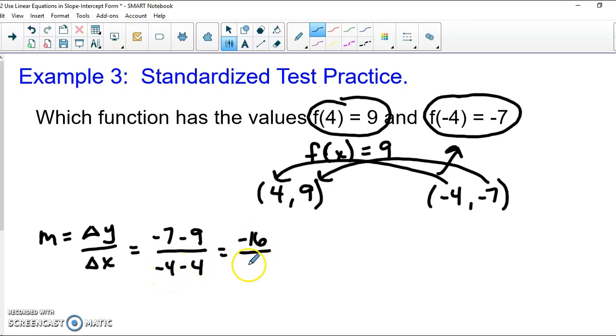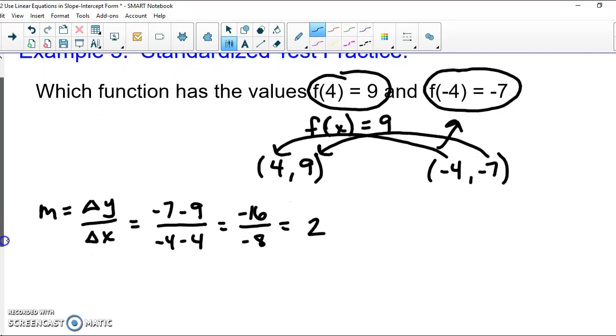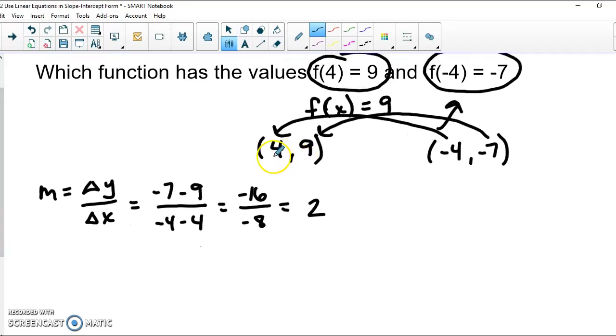Negative 4 minus 4 is negative 8. 16 divided by 8 is 2. Negative divided by negative makes a positive, so my slope is positive 2. Now I'm going to pick one of those points, so I will go ahead and use this first one, 4, 9, and I'm going to substitute the coordinates of this point and the slope into my equation.